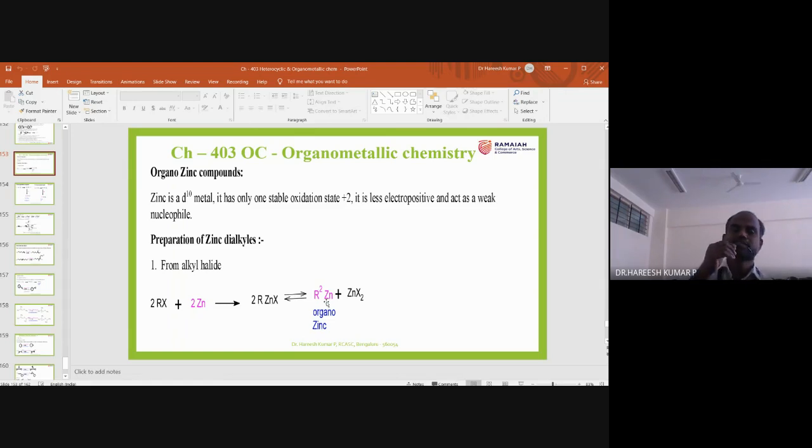So this is one method of preparation of dialkyl zinc. That means alkyl halide reacts with zinc and forms a dialkyl zinc. So this is a method of preparation of organozinc.